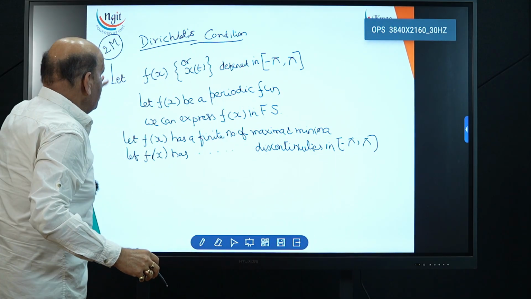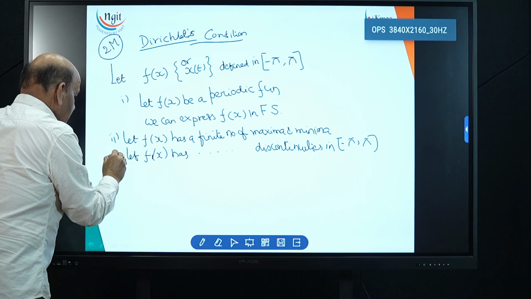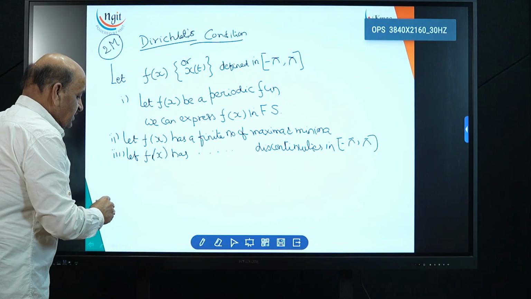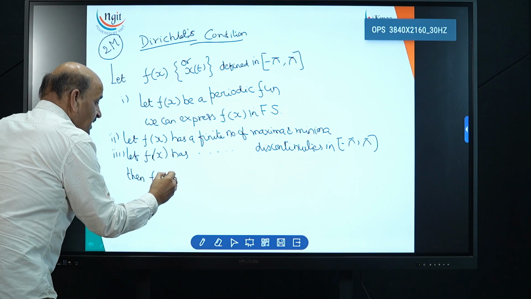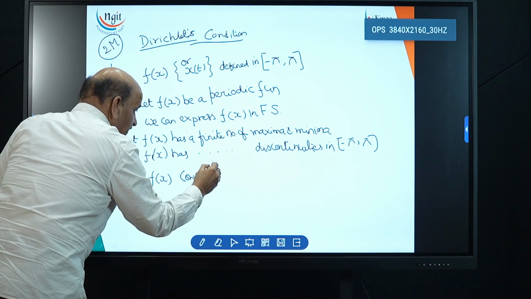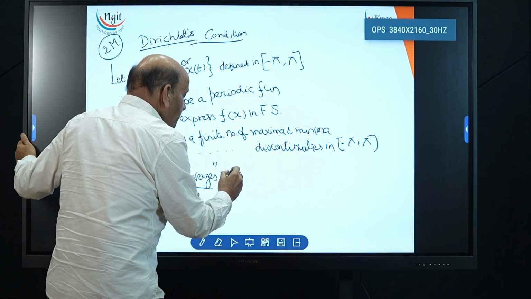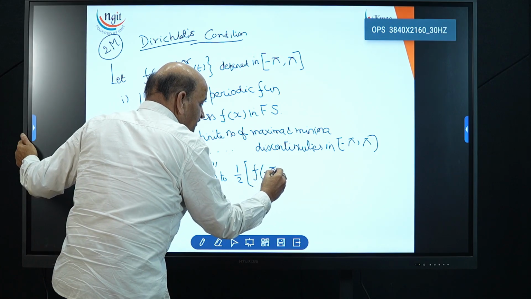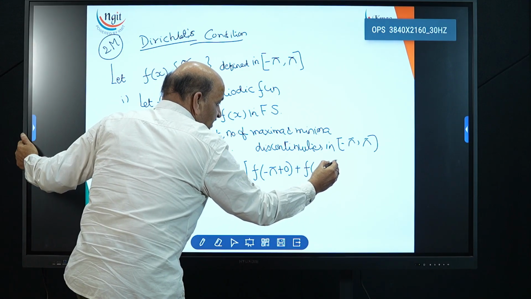If the function satisfies all these conditions, then f of x converges to half of f of minus pi plus 0 plus f of pi minus 0.